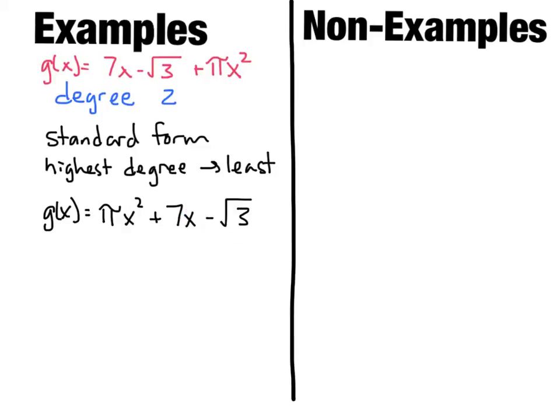Alright, a couple of non-examples. Let's say f of x is equal to x squared plus 3 times x to the negative 1 minus x.